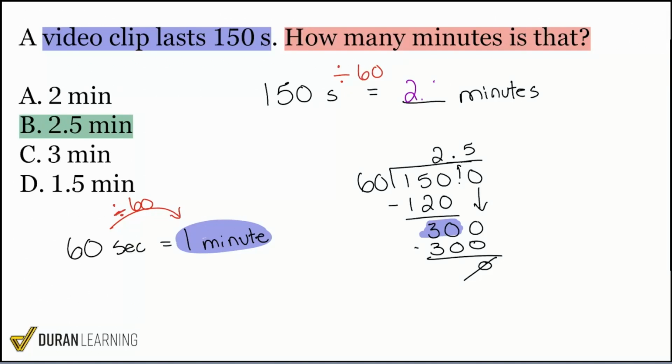That's right, Jalen. That's going to be half. So when we think about it, when we have 2 minutes and then 30 seconds left over, we can absolutely think about that as 2.5 minutes. 2 minutes with 30 seconds left over. That's 2.5 minutes. So I just wanted to throw that out there before I finish or conclude this solution.